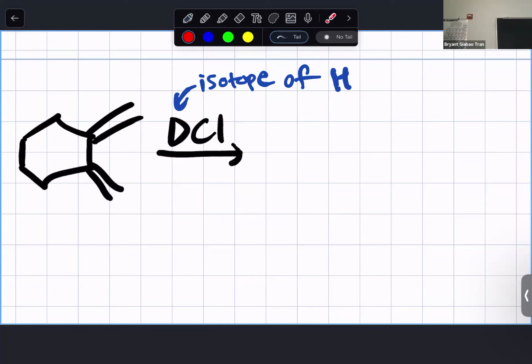So let's just focus on the bottom alkene. We want to form the more stable carbocation first, which is going to be this more stable position here. If we want the carbocation in that position, we want to protonate this less substituted carbon. So let's draw out the DCl.